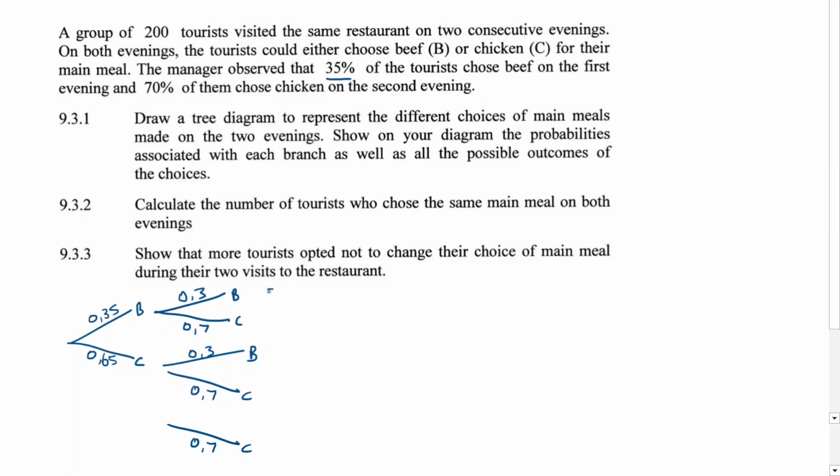And so if I want to get my answer, the probability of someone liking beef and beef again would just be 0.35, and because it's "and", we times our answers. This would be the probability of beef and chicken, which is 0.35 times 0.7.